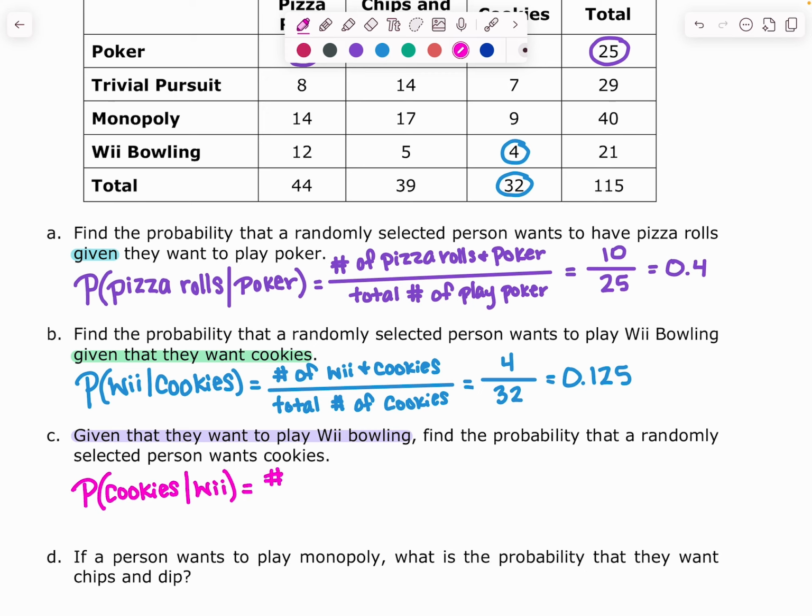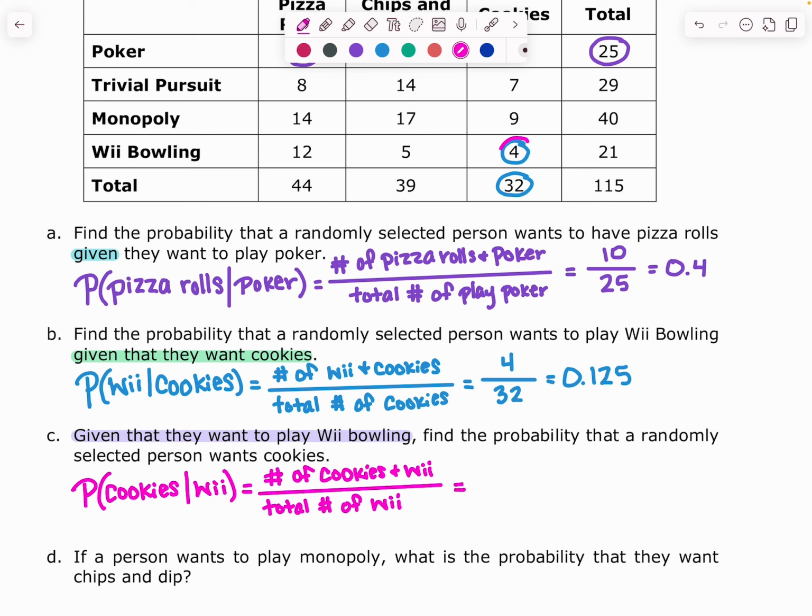So we're going to look again at the numbers that are in the overlap of cookies and Wii. But now we've been given the people that want to play Wii Bowling, so our denominator is going to be the total number of Wii.